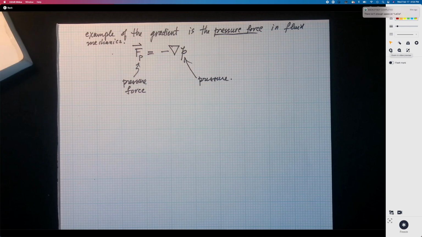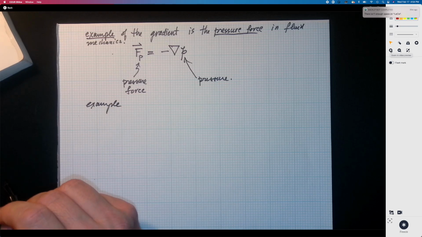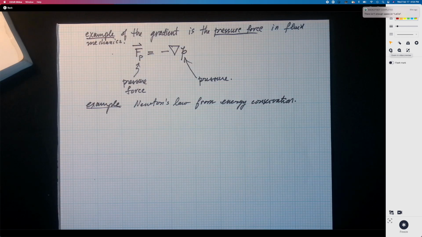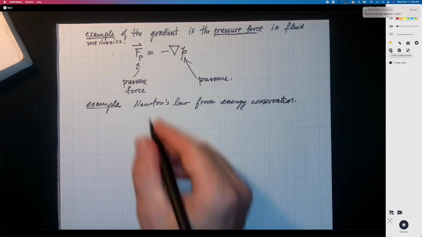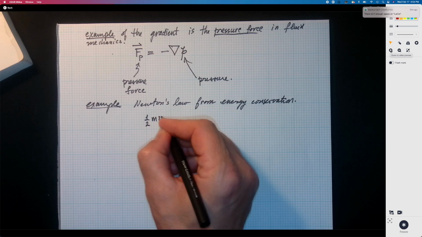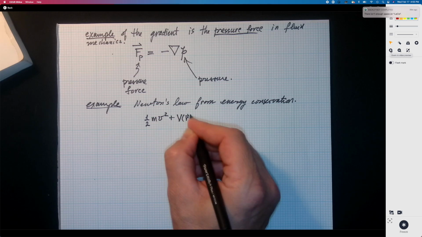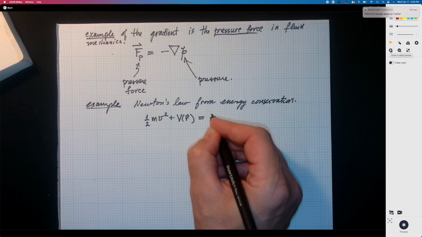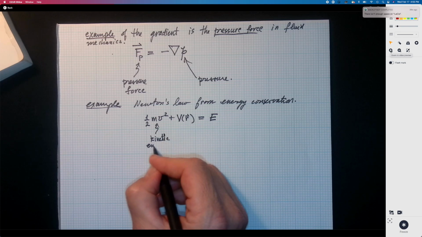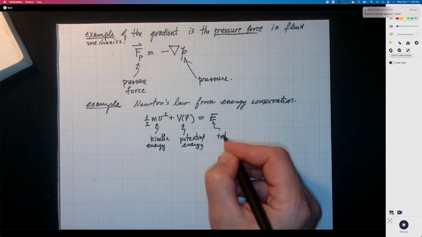Another example is getting Newton's law from energy conservation. So the total energy, 1/2 m v squared plus the potential energy V of r, is equal to the total energy E. This is the kinetic energy, this is the potential energy, and this is the total energy.